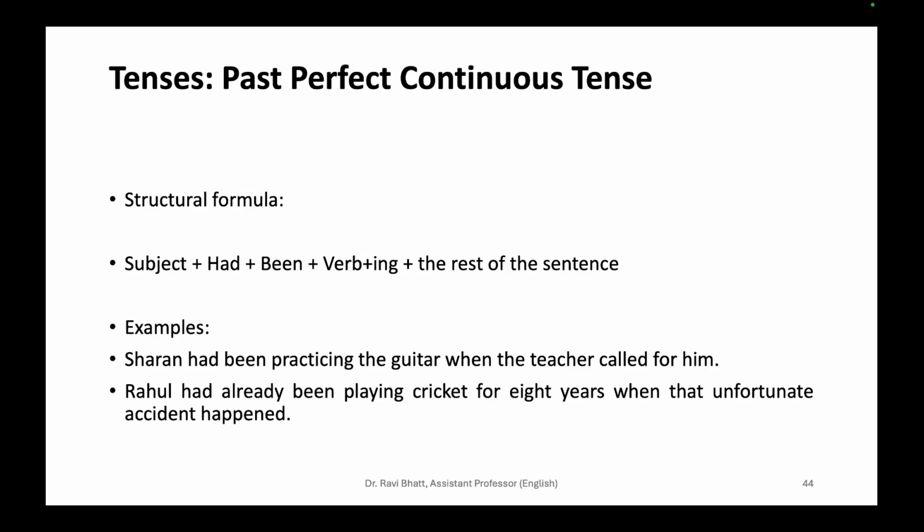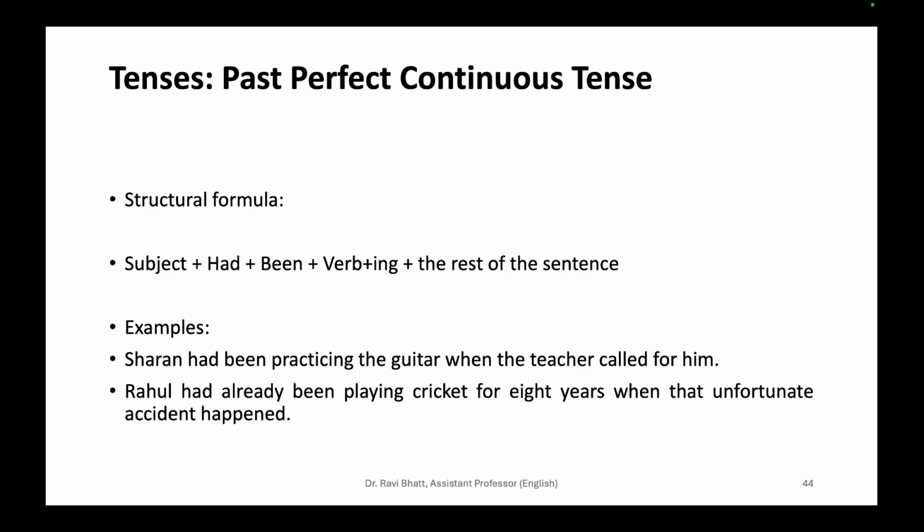Now the examples are: Sharan had been practicing the guitar when the teacher called for him. Or, Rahul had already been playing cricket for 8 years when that unfortunate accident happened. So very often we see the adverb of frequency like already placed there.